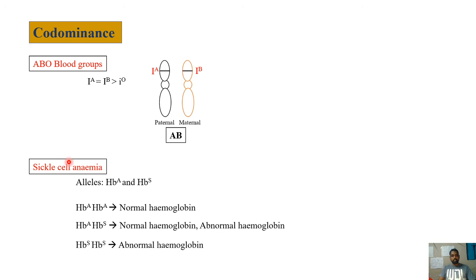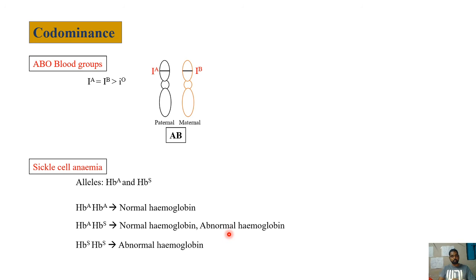In the case of sickle cell anemia, there are two different alleles responsible for hemoglobin production. HbA produces the normal hemoglobin, whereas HbS produces abnormal hemoglobin. When the genotype is HbA, the person is able to produce normal hemoglobin. But when the person is heterozygous, HbA produces normal hemoglobin, whereas HbS produces abnormal hemoglobin, which means both alleles are expressed.